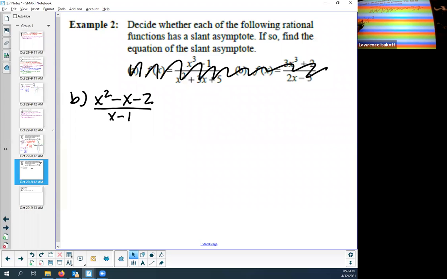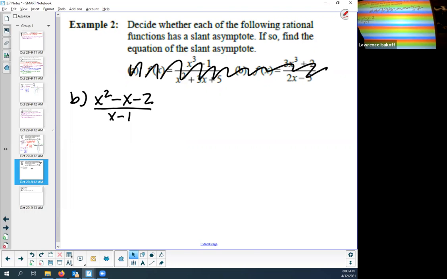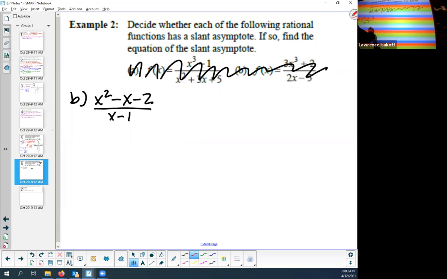Okay, here, the numerator is a square where the denominator is not. So I can see if anything cancels here when I do this.